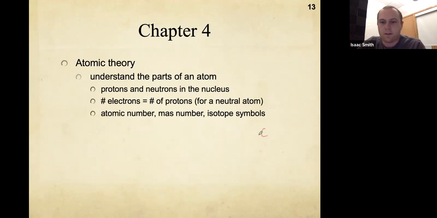For carbon, you might have something like this, or you might see it written as carbon-12. That would tell you 6 protons. If you're looking at this symbol, you have 6 protons, the mass is 12, so you'd have 6 neutrons. If you were given this, you can look up on the periodic table and find that carbon is number 6, which means it has 6 protons, and then this gives you the mass, which helps you determine the number of neutrons. So you'll see either one of these in a question.